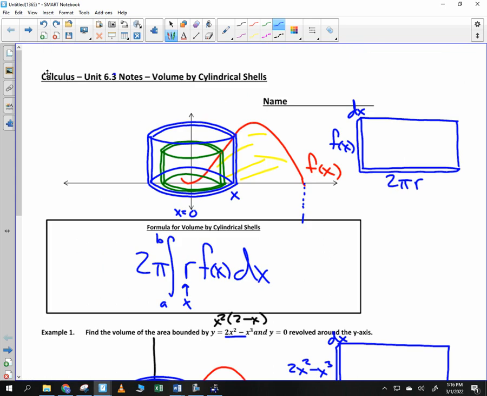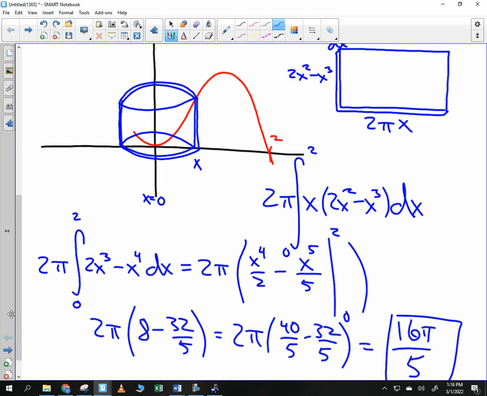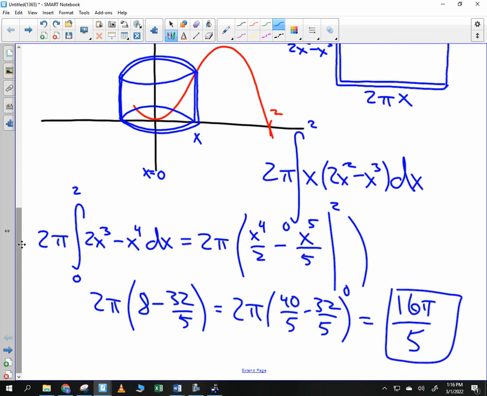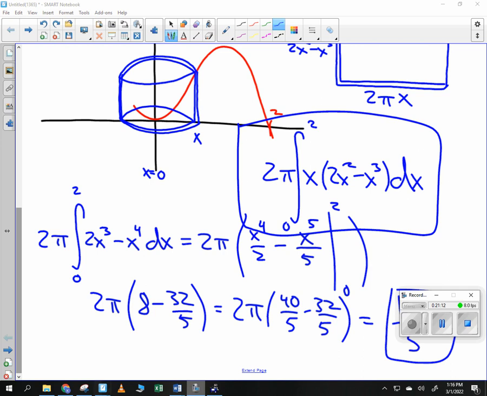For the study guide, I will put all the work there. So here's what I'm saying, Linz. Don't go to 16 pi over 5 until you've checked to see if this is correct. Then proceed. Do you get my point? Good job, everybody.